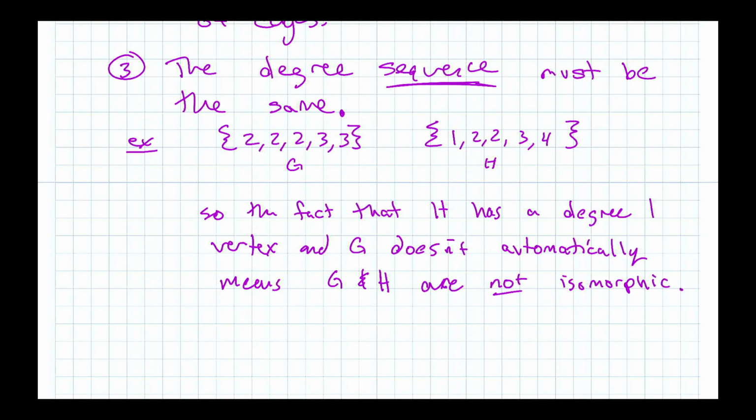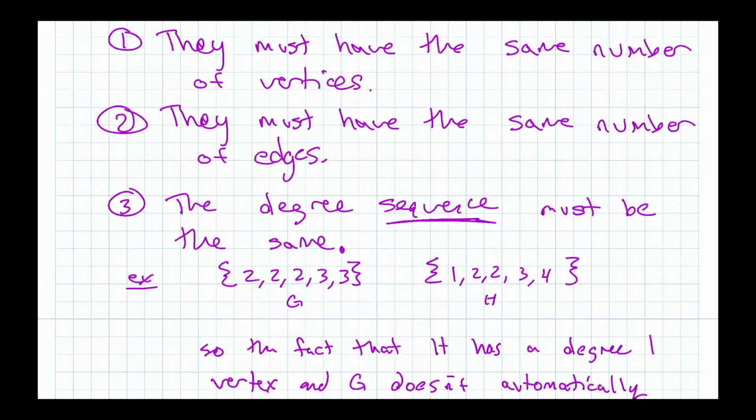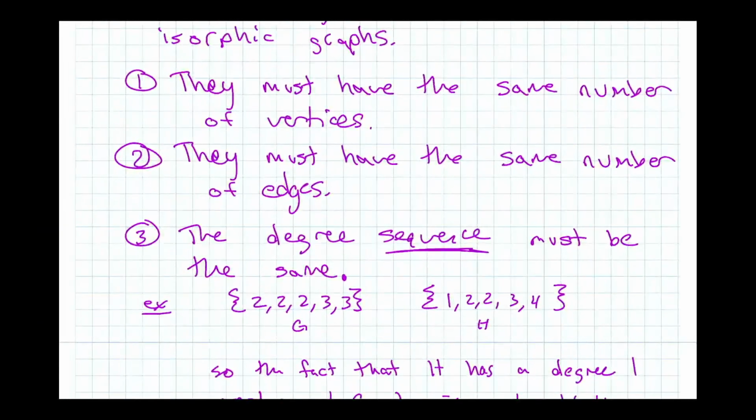All right, and so those are what we call invariants. There are others, but those are the easiest ones to look for.